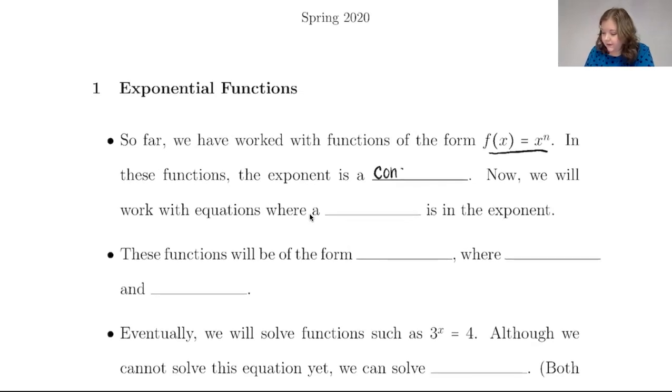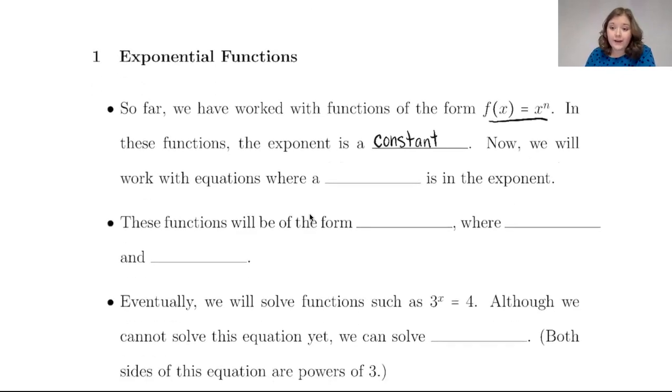So your exponents are going to be things like 4, 3, 2, 1, and they're not going to be a variable. But in this section, we're going to start working with exponential functions where the variable is in the exponent. So a variable like x.